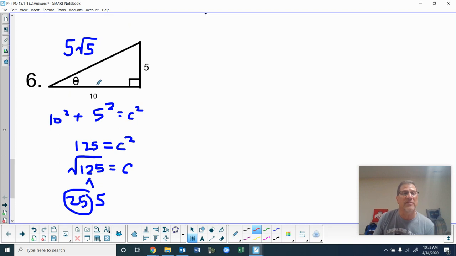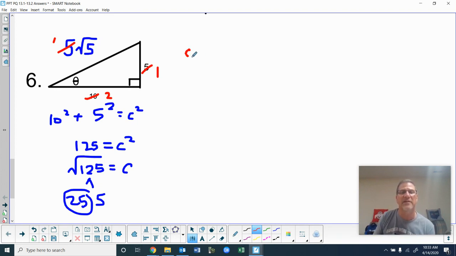So I'm going to reduce it. 10 divided by 5 is 2. 5 divided by 5 is 1. And this 5 divided by 5 would also be 1. So I got radical 5, a 1, and a 2. That way, when I write my fractions, they're going to be in lowest terms.